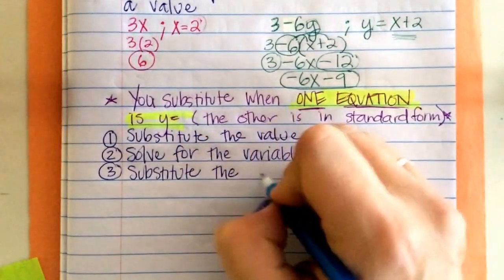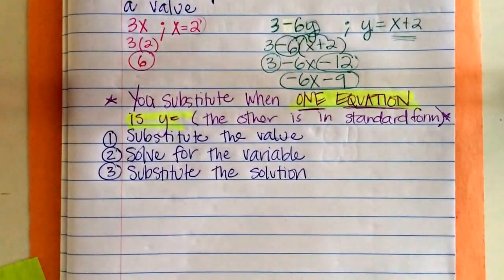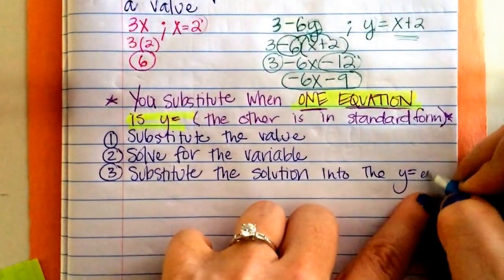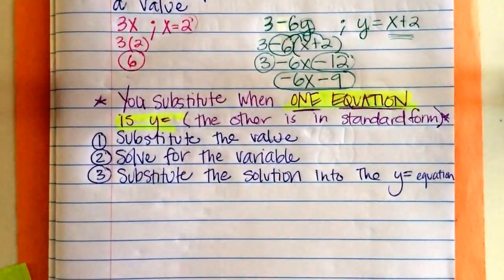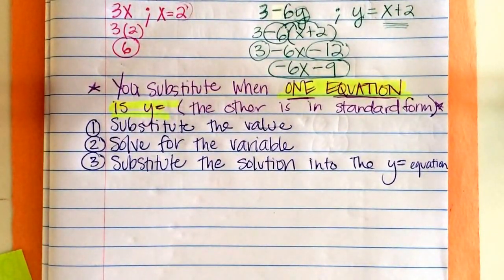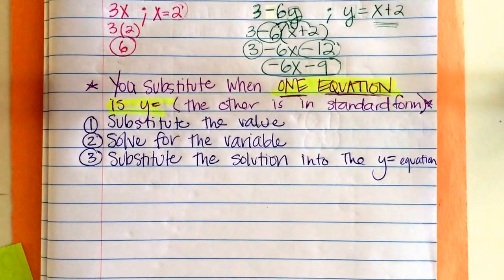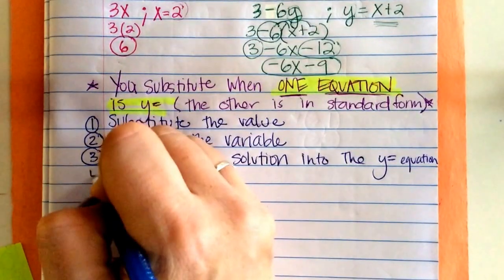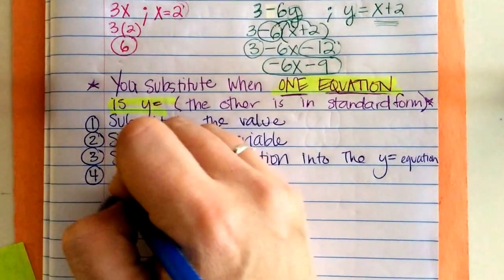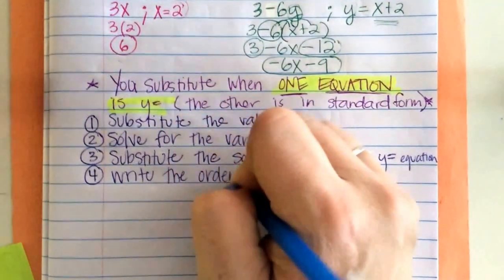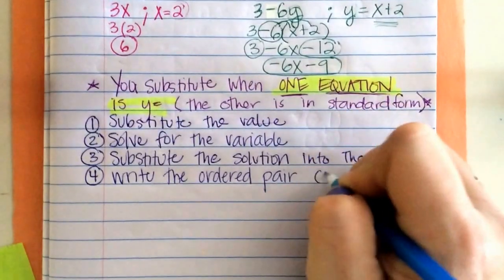We substitute the solution into the y equals equation. And number 4 is write the ordered pair x comma y.